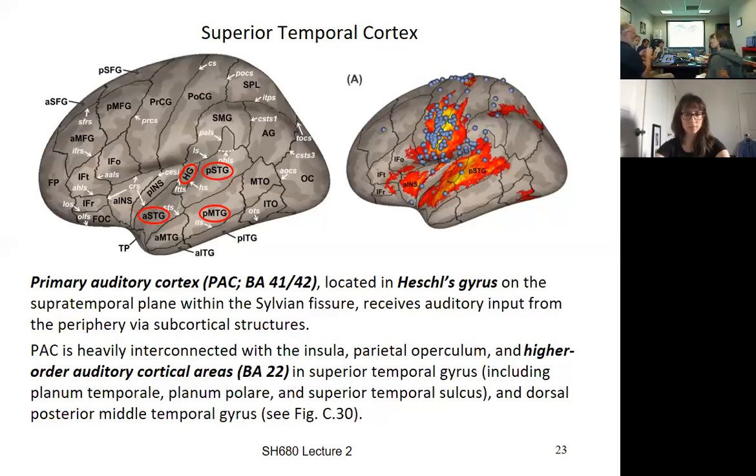And so, yeah, the more complex the speech task, the higher order the auditory system involvement.